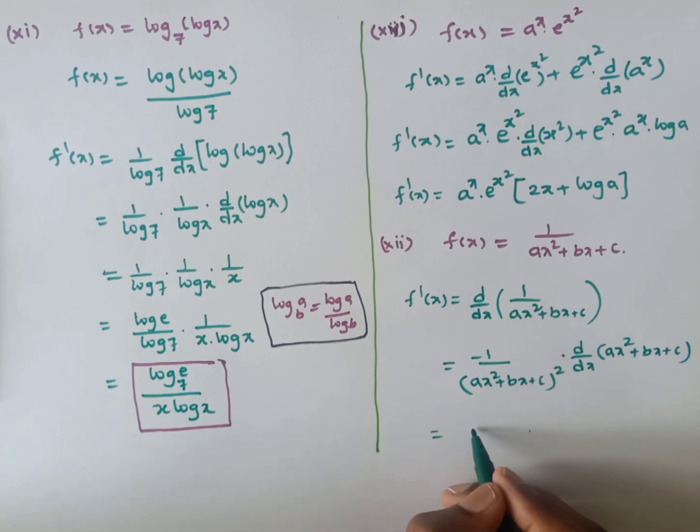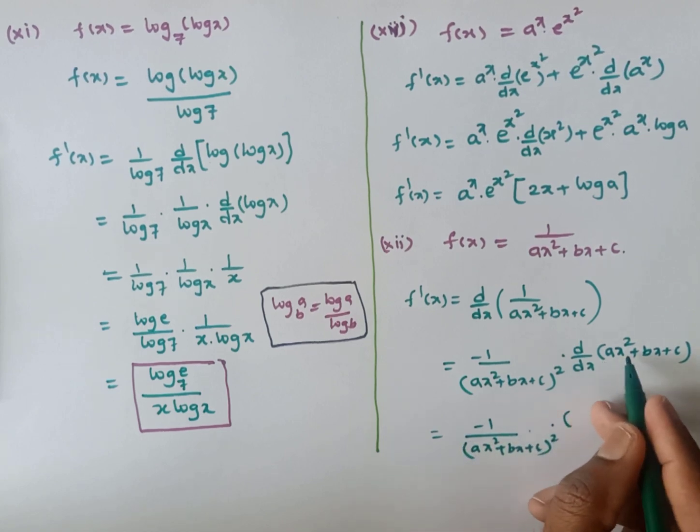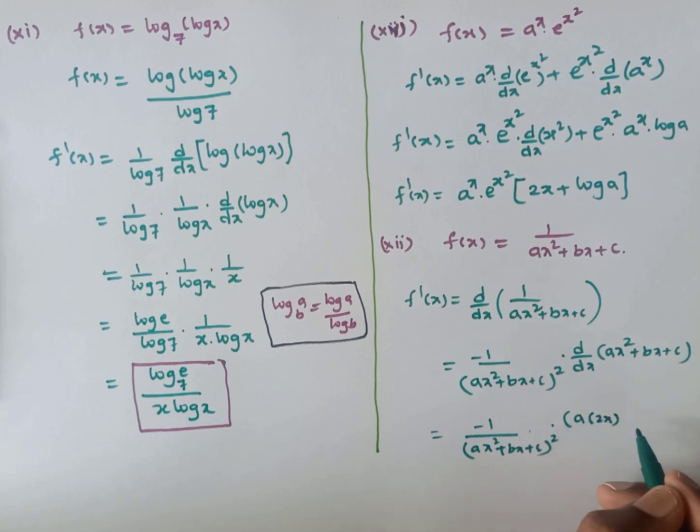Now this is minus 1 by ax square plus bx plus c whole square into the derivative of ax square, that is a into 2x, plus b, a constant, so b into derivative of x is 1, plus the derivative of a constant is 0.